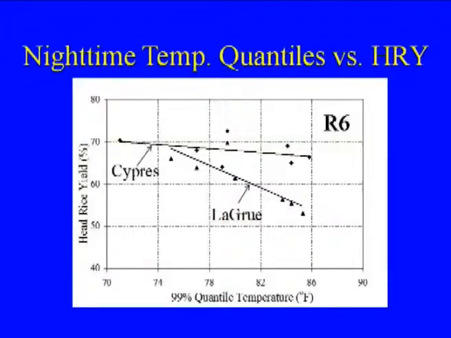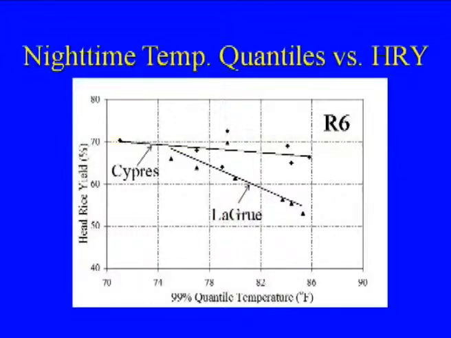So now what I want to do is just show you some of the data that we got from this. I want to show you the peak head rice yields, again, where that relationship peaked, the best that we saw for that particular cultivar in that particular field. And I want to plot that against the 99% quantile temperature. Again, the higher the temperature, the more nighttime air temperature units that we had.